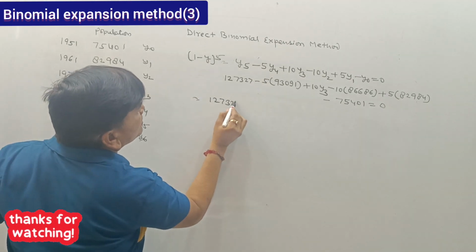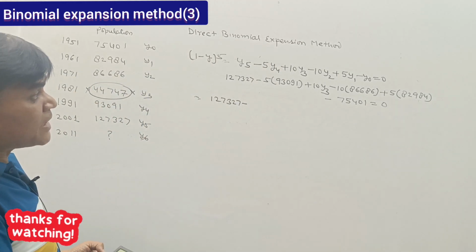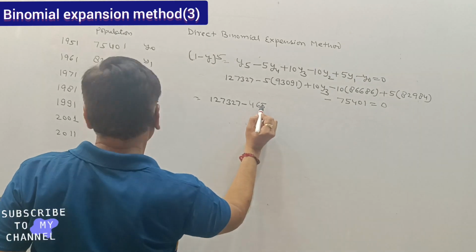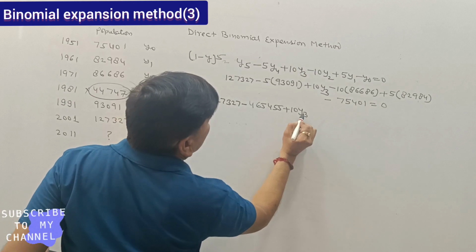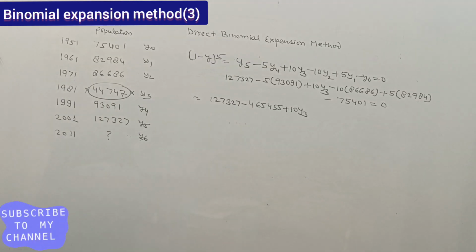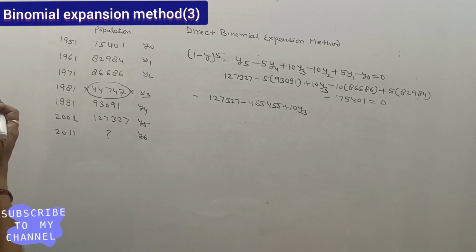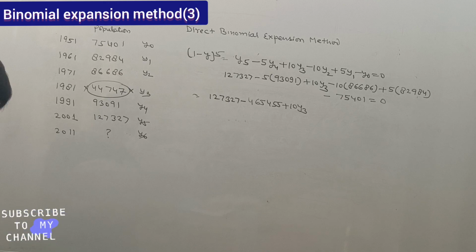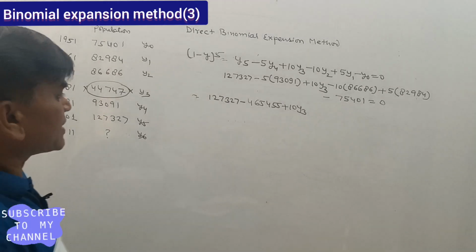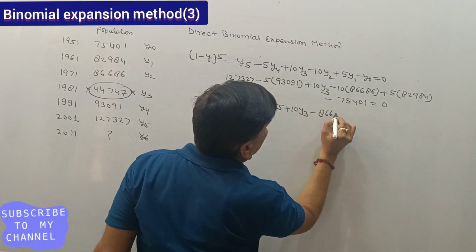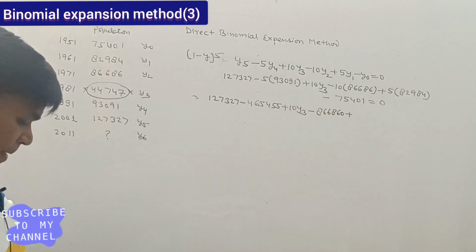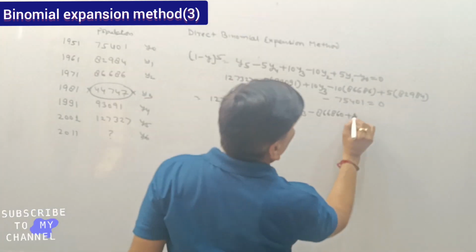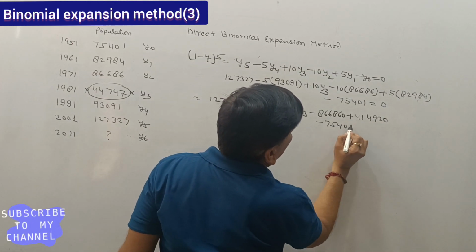So 127327 minus 5 multiplied by 93091, so negative value 465455. Then 10 y3. 10 multiply 86686, minus value, so 866860, plus 5 multiply 82984, plus value 414920. 414920 minus 75401 is equal to 0.